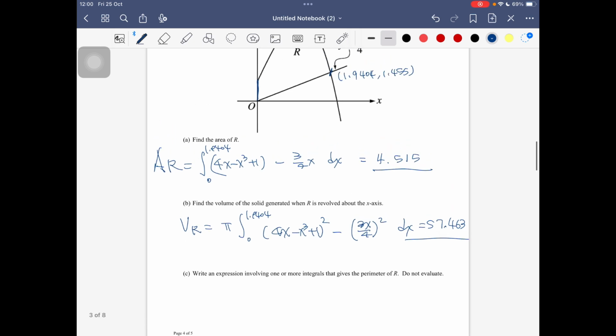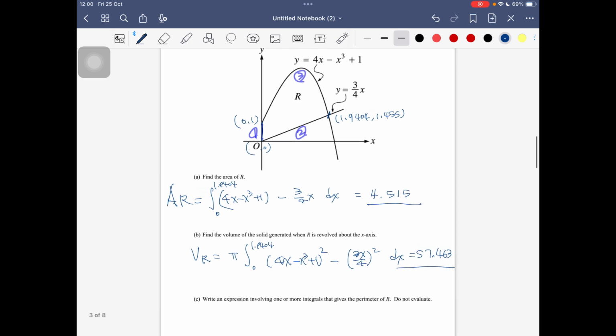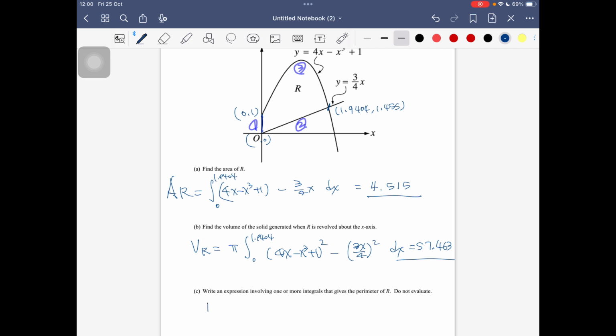Number C, perimeter of R. So not an integral. For the perimeter, we can start from here. 1, 2, 3. So 1 is because it is not difficult to see this y-intercept from the graph, (0, 0) and (0, 1). So that is 1.